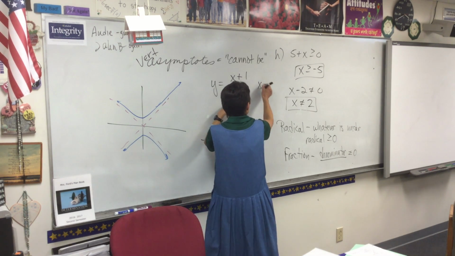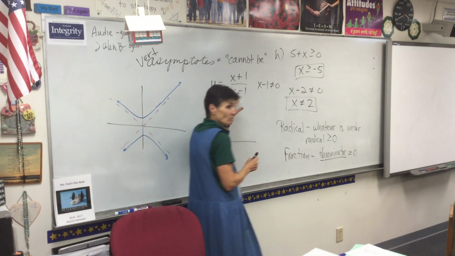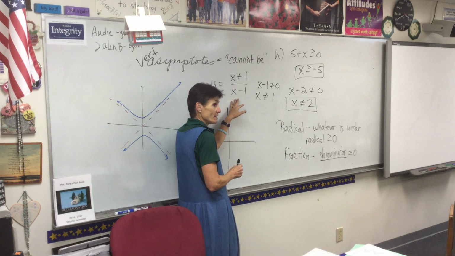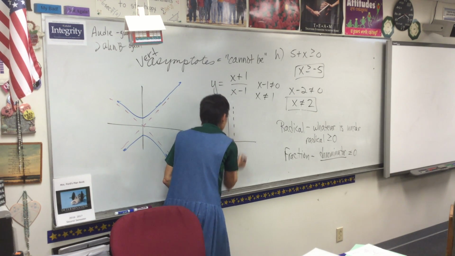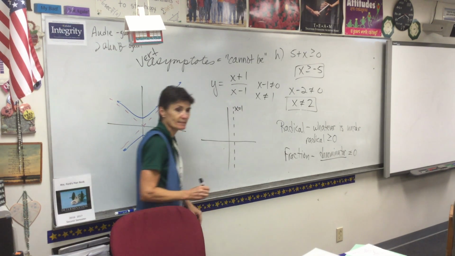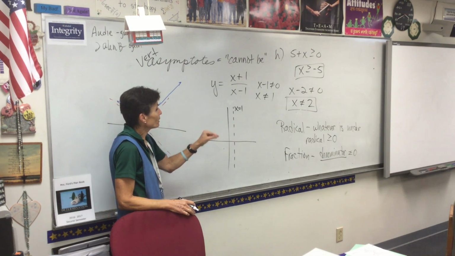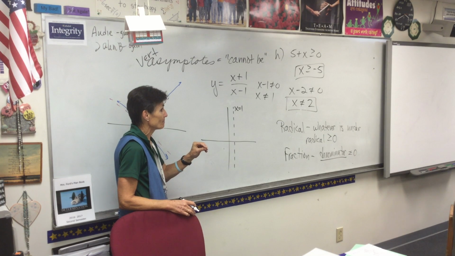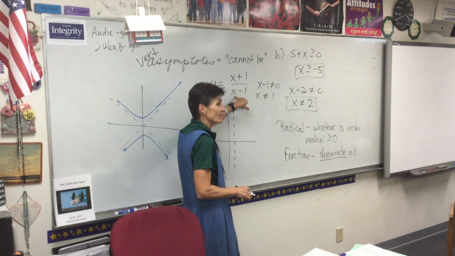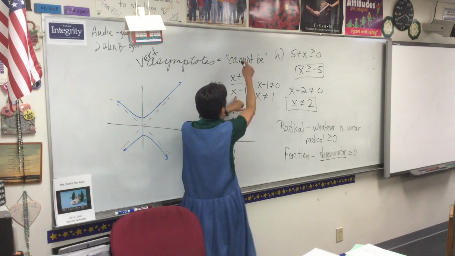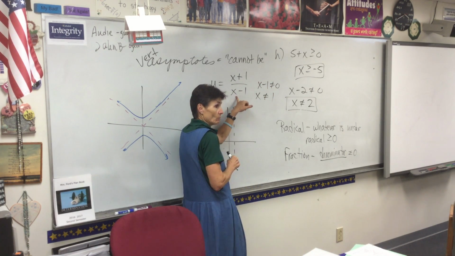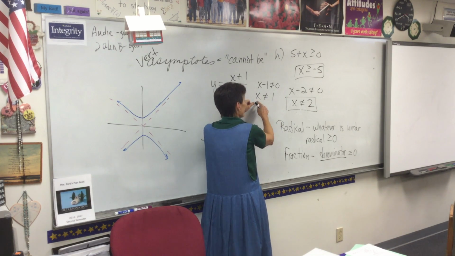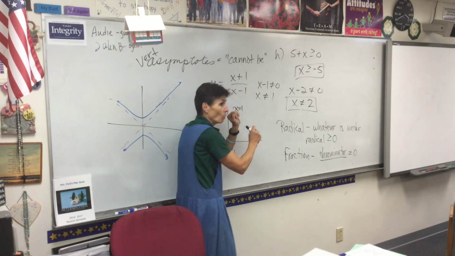The denominator cannot be 0? Correct. So x cannot be 1, which means your vertical asymptote is the line where x equals 1. You put the vertical asymptote where x cannot be. You already know when you see a fraction, the denominator cannot be 0. So if the denominator cannot be 0, then x cannot be 1.